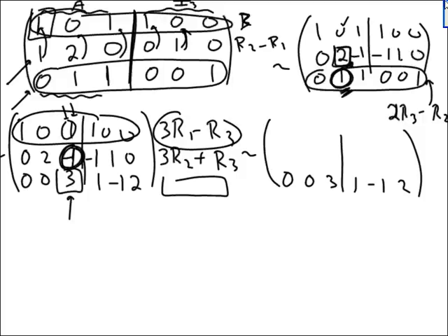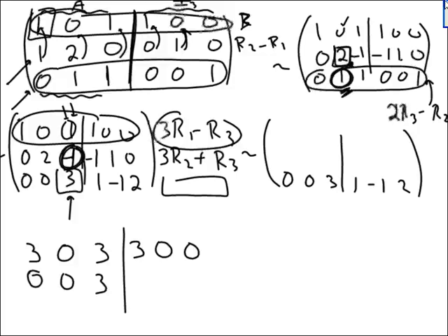3 times this. 3 times 1, 3 times 0, 3 times 1, 3 times 1, 3 times 0, 3 times 0. And I write down row 3: 0, 0, 3, 1, -1, and 2.